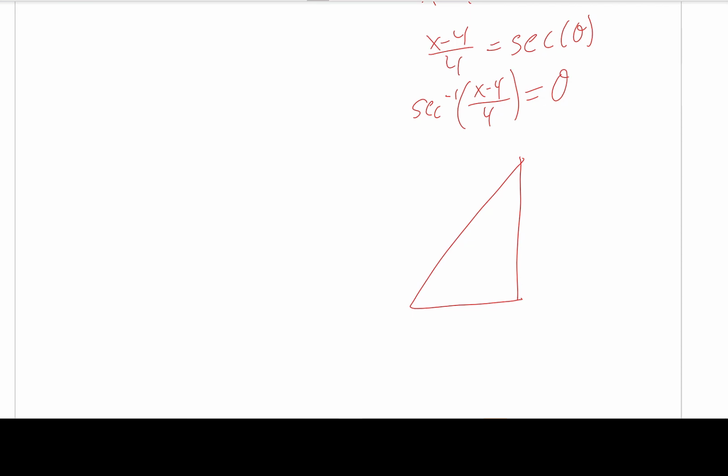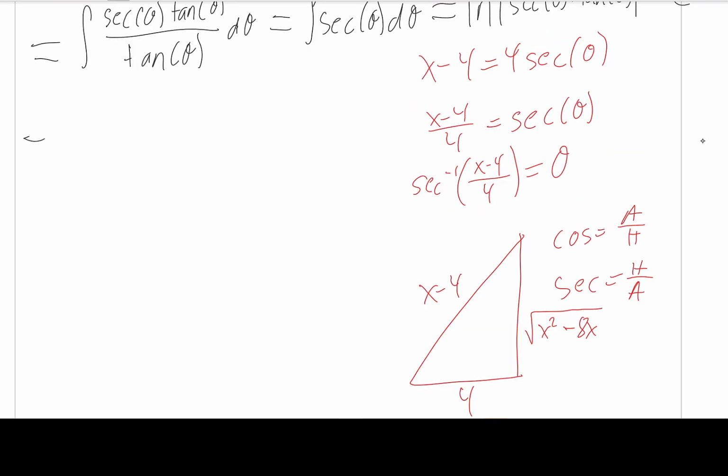Alright, secant is 1 over cosine. Cosine is adjacent over hypotenuse. So secant flips it. Secant gives us hypotenuse over adjacent. So we should get x minus 4, 4, and then this would have to be the square root of x minus 4 squared minus 4 squared, which will give us x squared plus 16 minus 8x minus 16. So this just becomes x squared minus 8x.